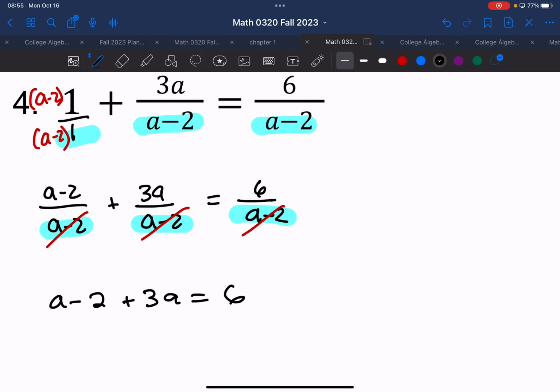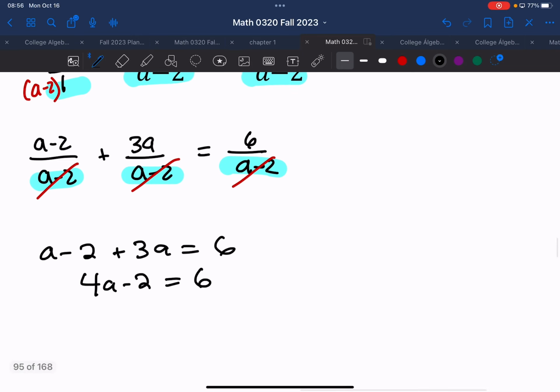So what do I have on the left side once I combine like terms? Good, 4a minus 2 is equal to 6. And then I need to get a by itself, so what am I doing? Good, add 2, so I get 4a is equal to 8. And then my last step, divide by 4, so I get a is equal to 2.